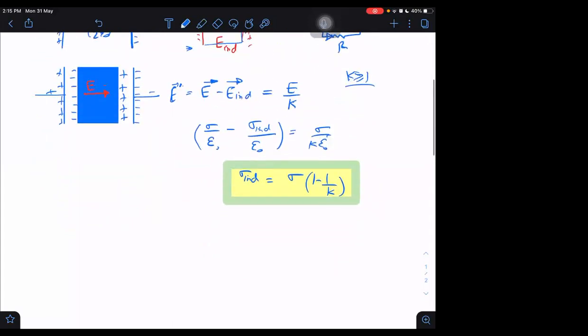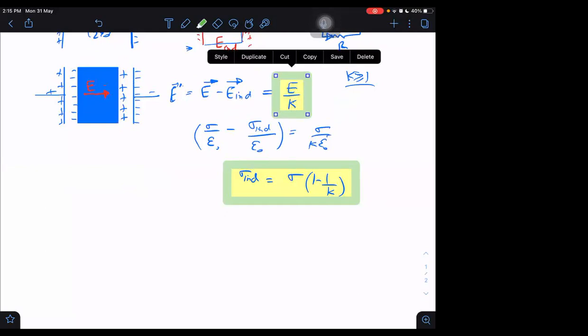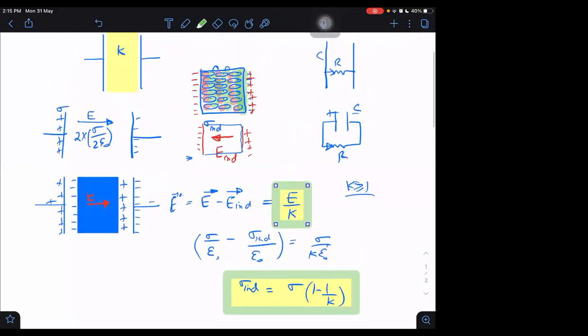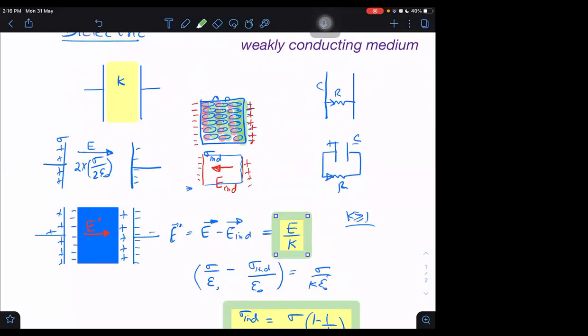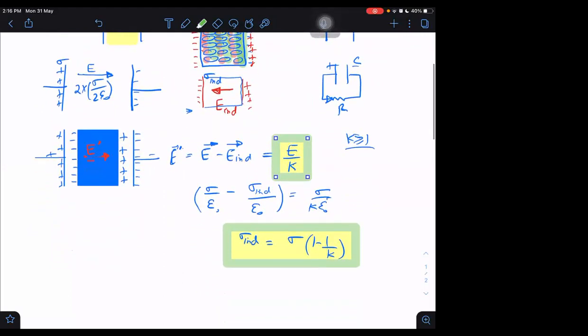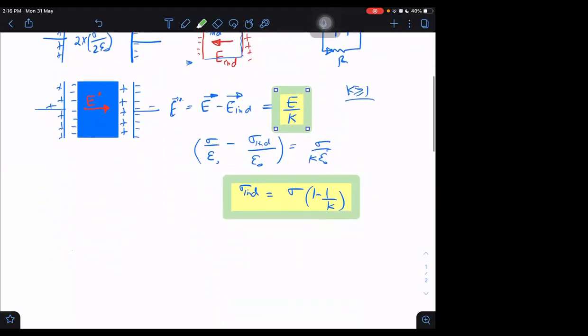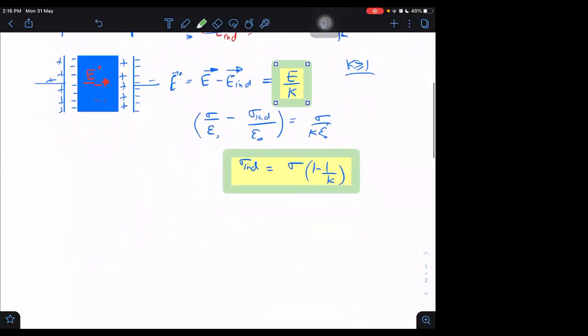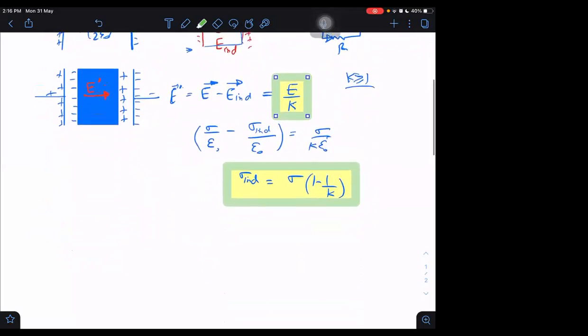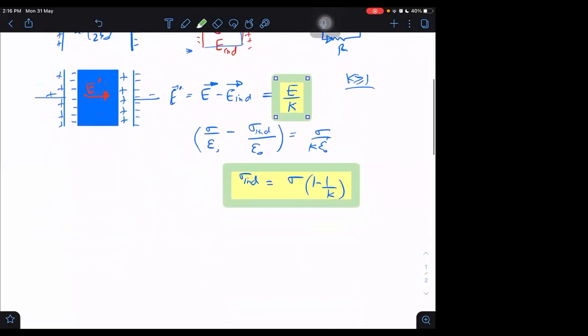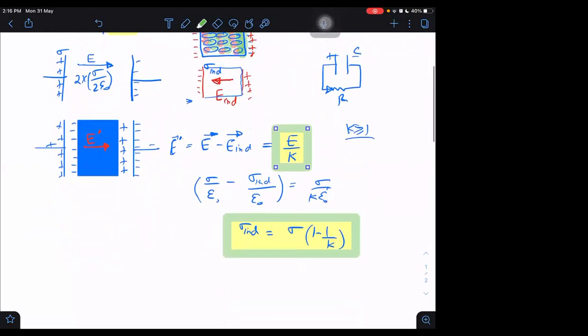So what will be the net field inside? When a dielectric constant K is introduced, then E by K will be the field inside. Sir, you wrote E bar induced, but shouldn't sigma induced be divided by K into epsilon naught?